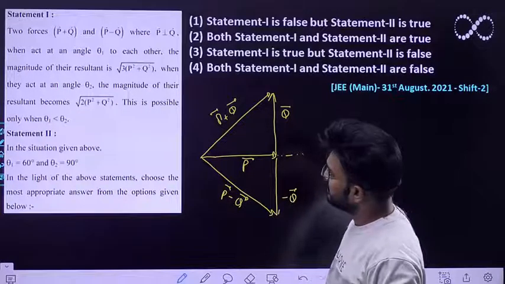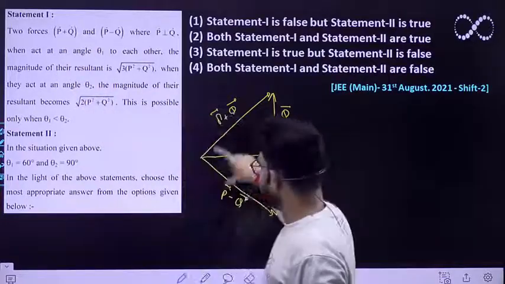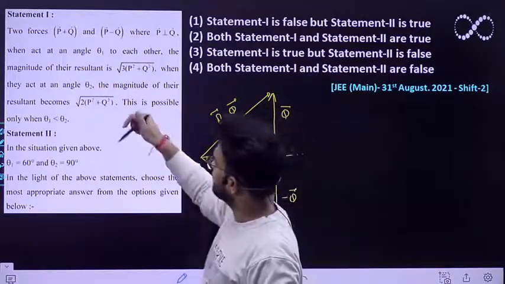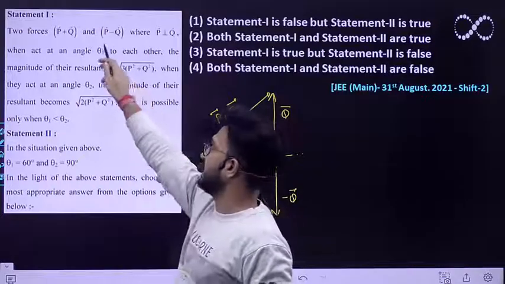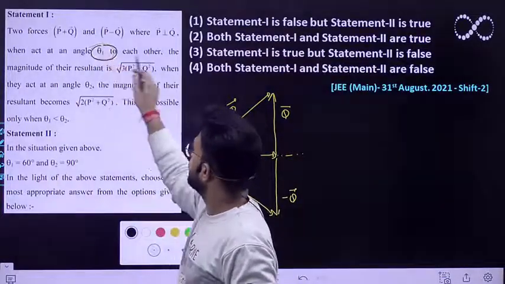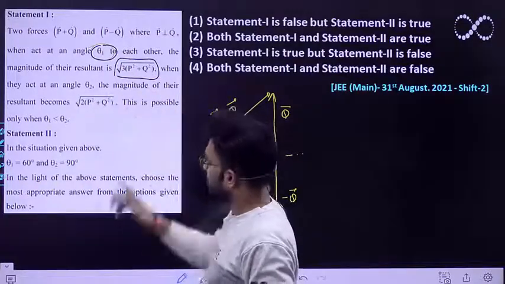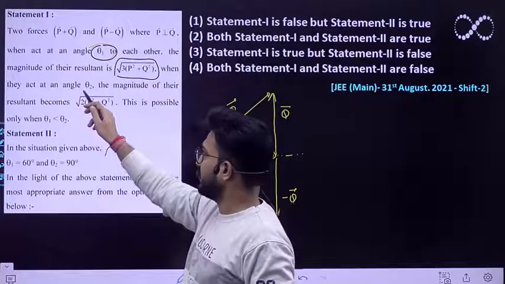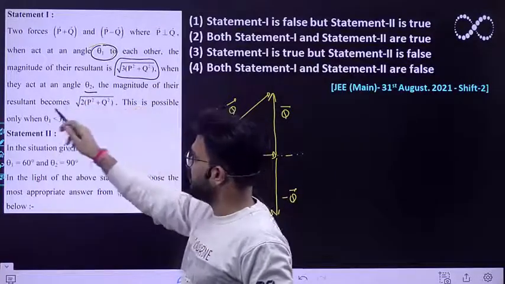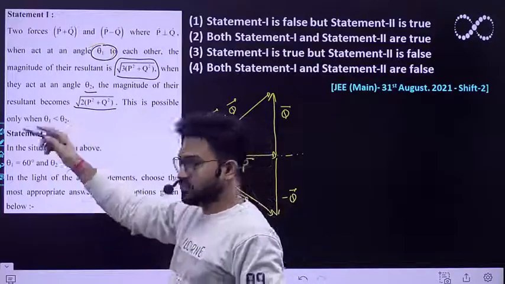Okay, it says when 2P plus Q, these two vectors, this one and this one, make an angle of θ1 to each other, the magnitude of the resultant comes out to be this much. When they are acted upon at an angle of θ2, the magnitude of the resultant becomes this much. So in this process, θ2 is greater than θ1.